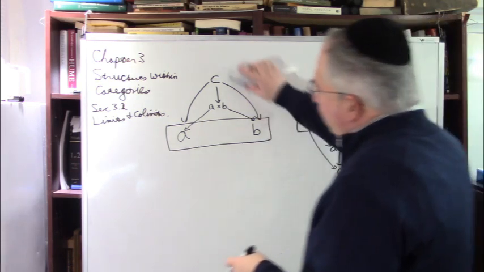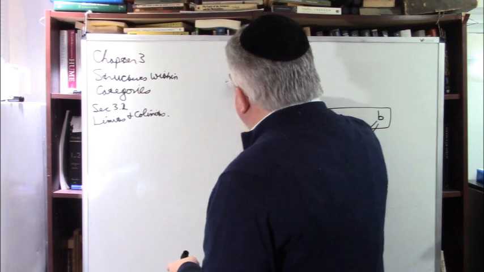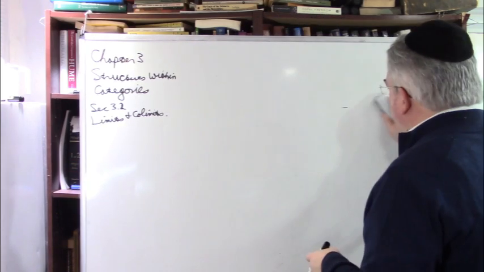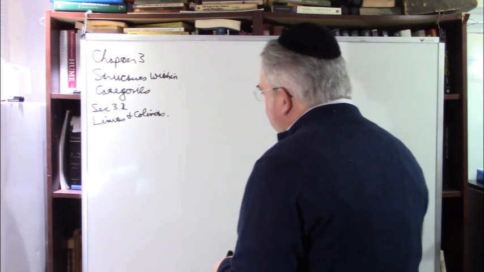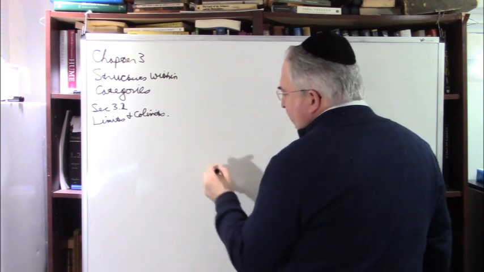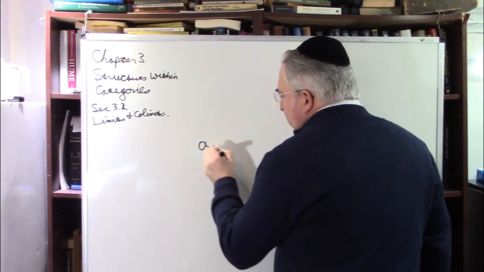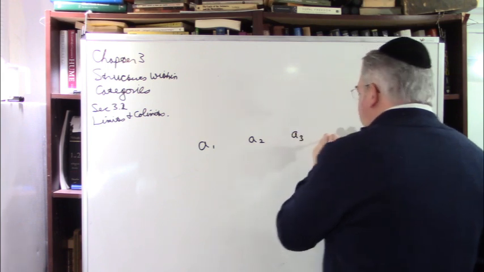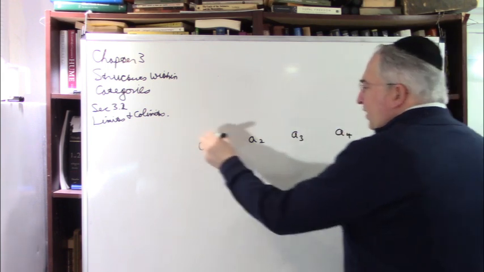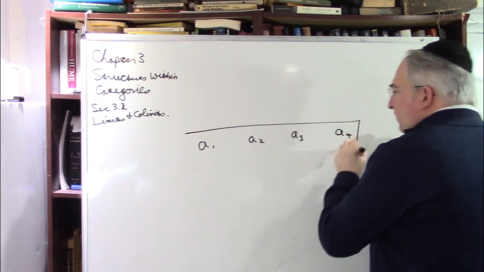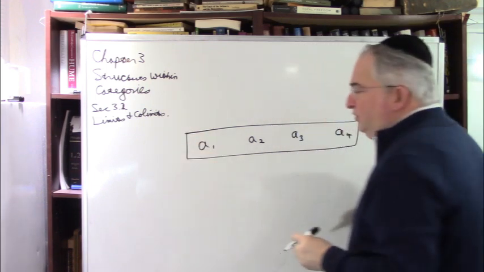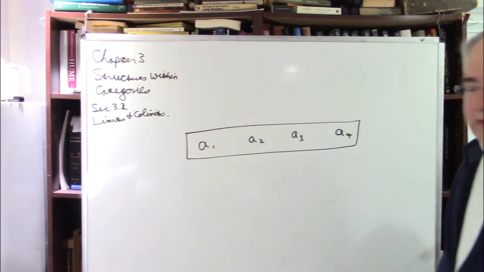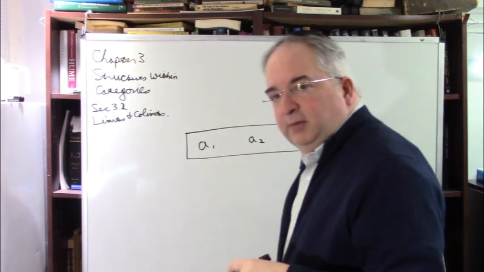Before we start, let's look at another diagram. A1, A2, A3, A4. This is a diagram that has, instead of 2 objects, 4 objects, just to make things a little bit more interesting.